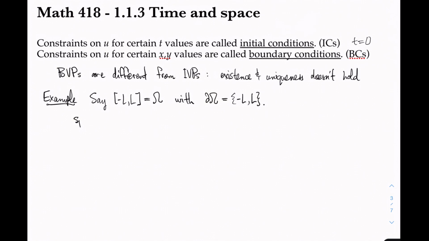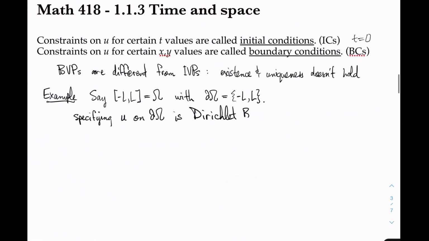If we specify the value of u on the boundary, this is referred to as Dirichlet boundary conditions, and the resulting problem would be a Dirichlet problem, as opposed to, say, specifying the value of the spatial derivative u sub x on the boundary.